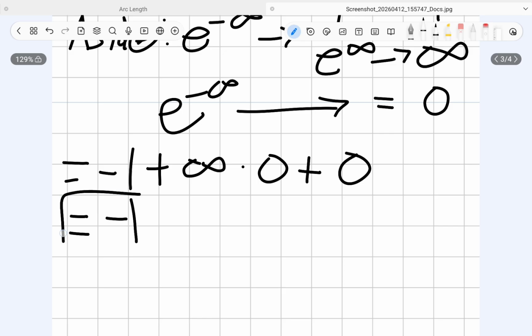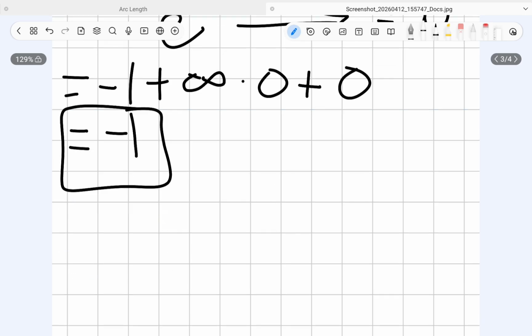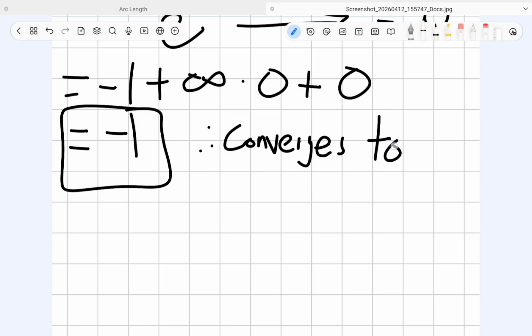That is our limit. Now the other question is, does this converge or diverge? This is a real number, so therefore it converges. And if your teacher wants it, you can say it converges to negative 1.